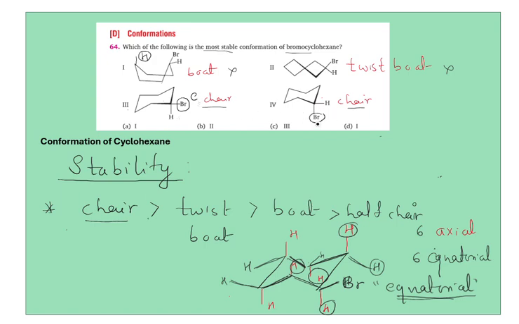So here it is equatorial, here it is axial, and we know that when bromine is in the equatorial position, it is more stable. That means what? The third molecule is more stable. Where do we have 3? We have 3 as option C. Therefore, option C is the right answer.